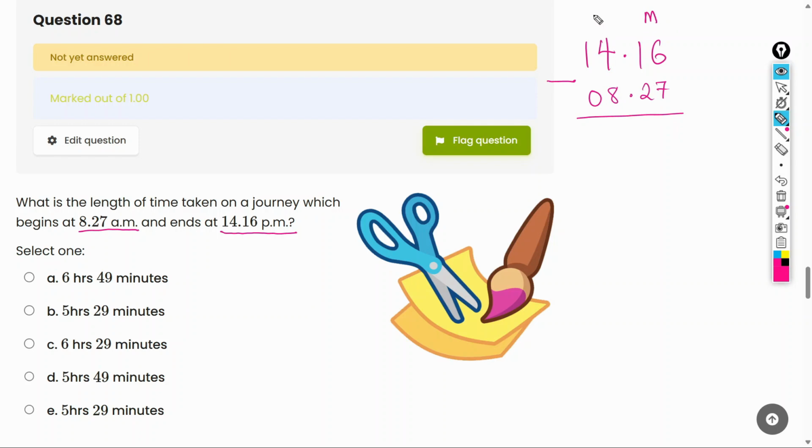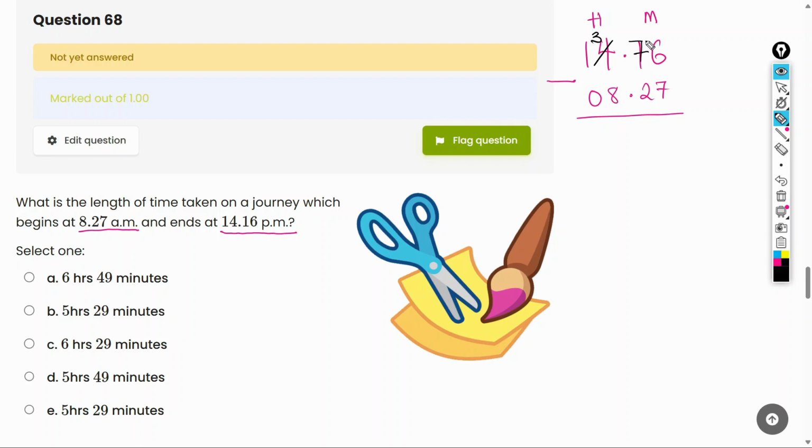Remember, this is our minutes place, this is our hours place. That's 16 minutes minus 27 minutes. It wouldn't work. So we come to the hours place and borrow 1. So if we borrow 1 from this, we have 3 left. And by the time we bring it here, it's 60. So when we add 60 to 16, that will be 76. So 76 minutes minus 27 minutes.